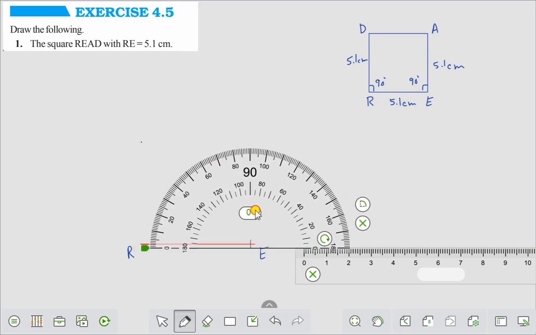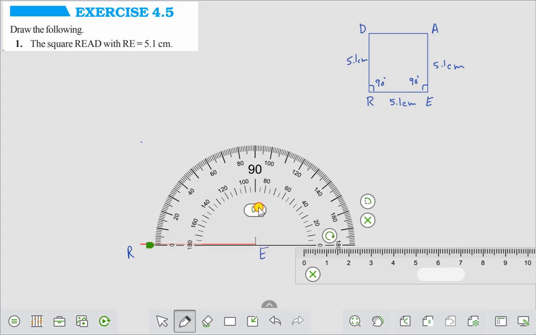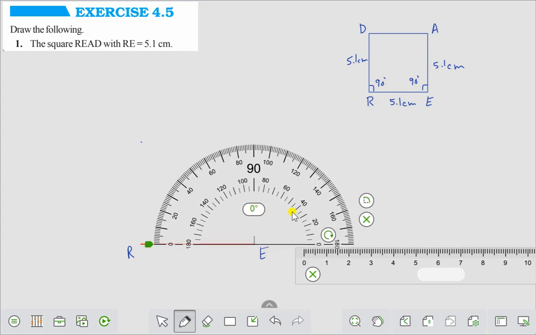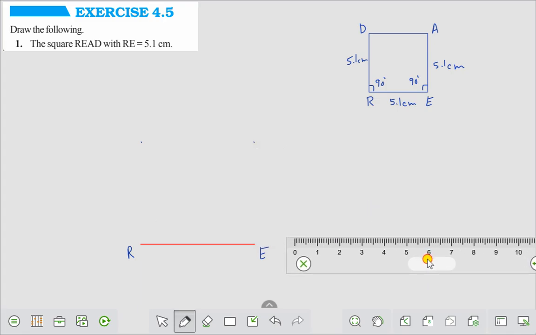At point E, place the protractor in the proper place and make a point here that will help to make 90 degree at point E. Now with the help of the ruler, draw this line.